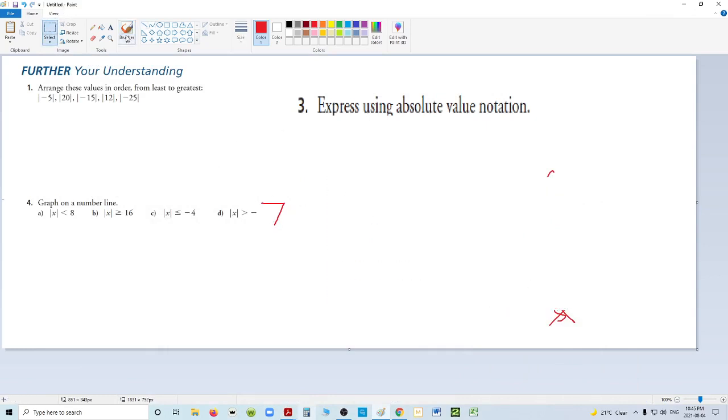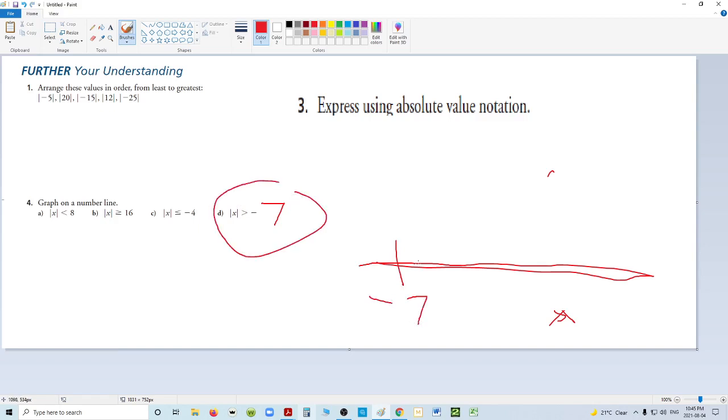So this last one's supposed to be -7. And so that means on the number line, and it's not including. Lots of things are bigger than -7. Actually, all numbers that are absolute valued are bigger than -7. So on that line, yeah, it would be circle there, and everything solid to the right.